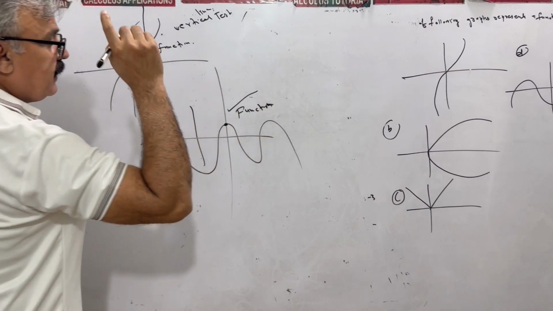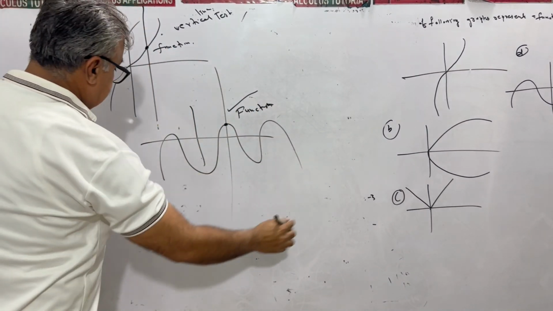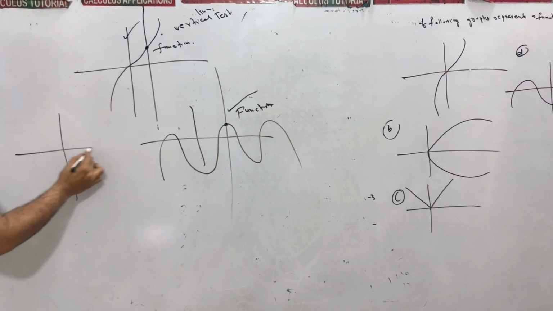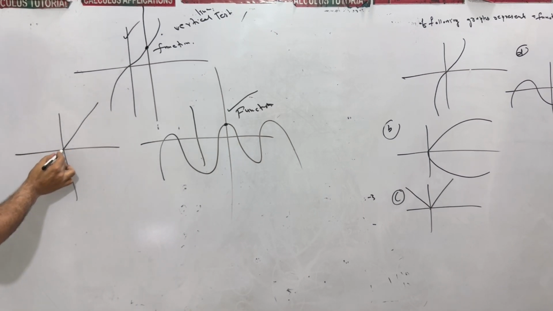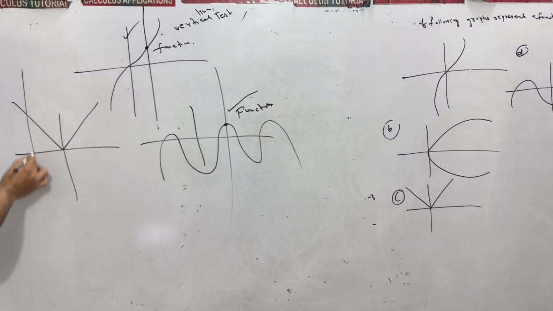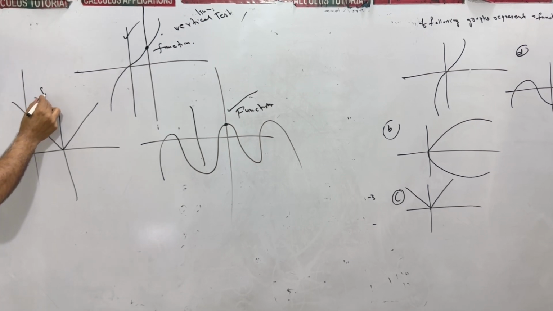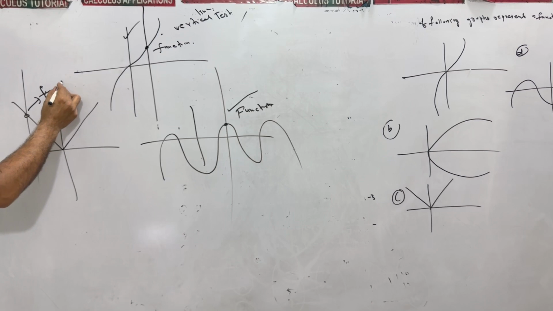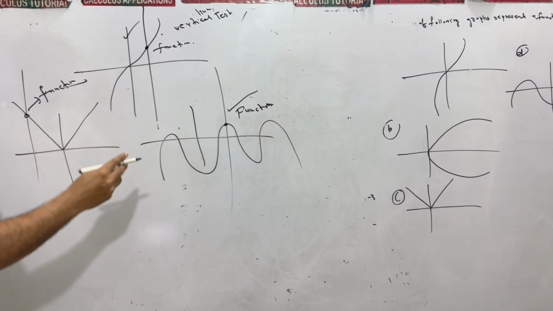The vertical line must cut at a single point. What about this one? A modulus type of graph. The graph of the modulus function is a V. Draw a single vertical line upon the graph. It cuts at a single place, so it's a function. What about this?